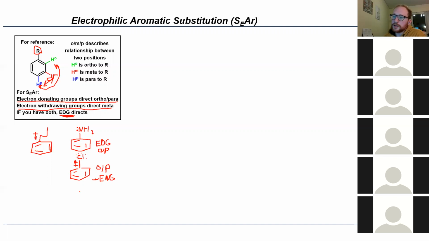For example, aniline here is an electron donating group that pushes electron density into the ring. Electron donating group, ortho-para director. Chlorine is a little different, slightly deactivating, but still an ortho-para director. And then you have a classic example of an electron withdrawing group, like the nitro group.